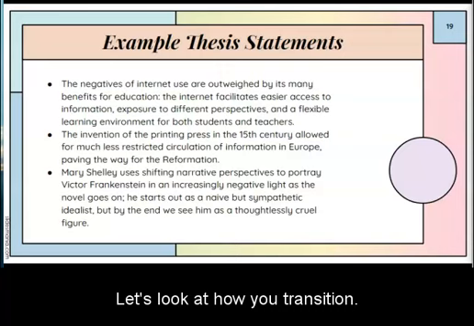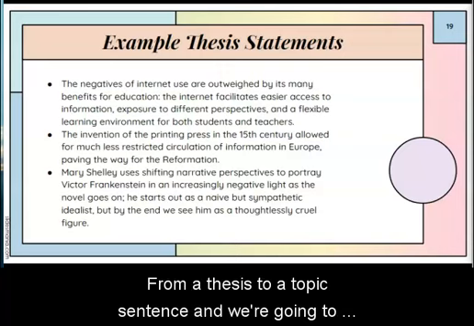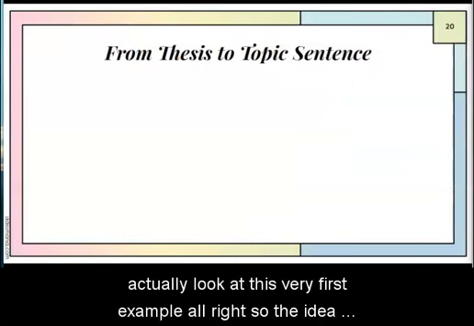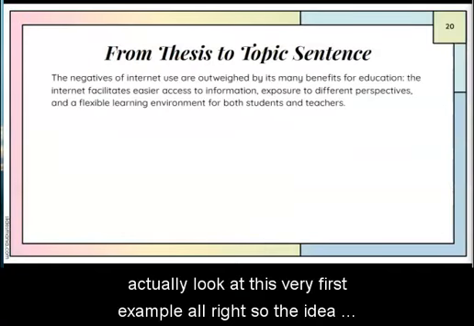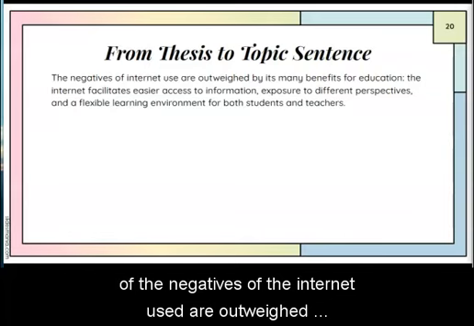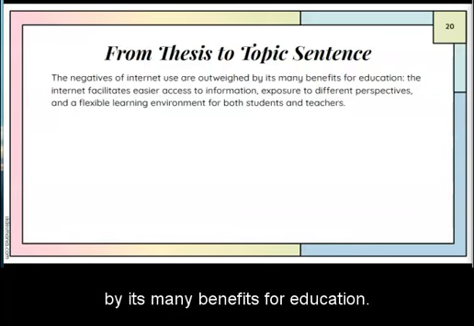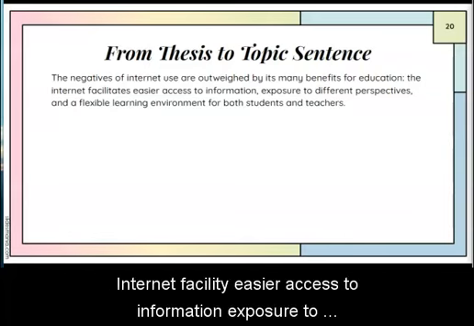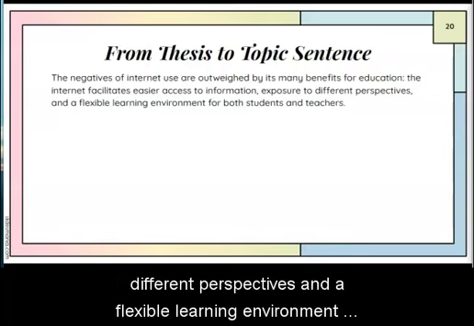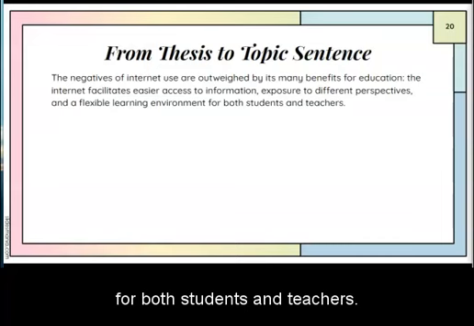All right, so let's look at how you transition from a thesis to a topic sentence. And we're going to actually look at this very first example. The negatives of internet use are outweighed by its many benefits for education. The internet facilitates easier access to information, exposure to different perspectives, and a flexible learning environment for both students and teachers.